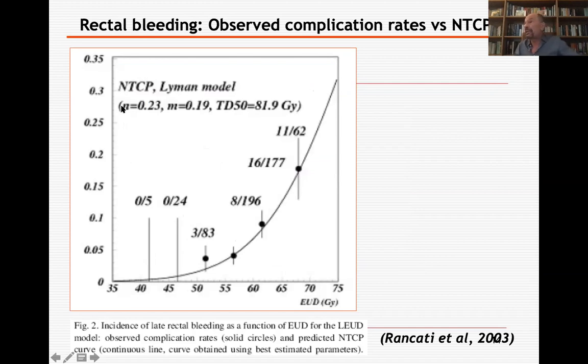Of course, these parameters have to be defined somehow. So you have to define n, m, and the TD50, so the D50 in the formula that I showed you. In this case, you have n 0.23, m 0.19, and TD50 18.9 gray. And then you can describe the toxicity for the rectal bleeding.